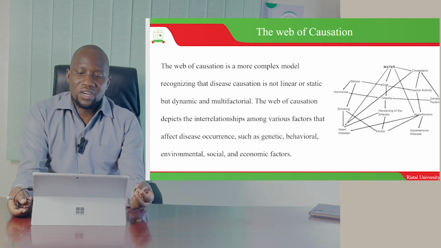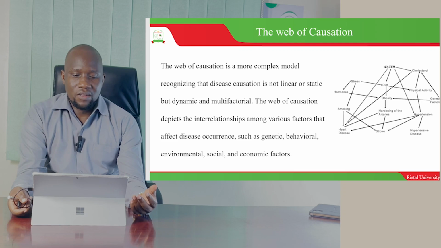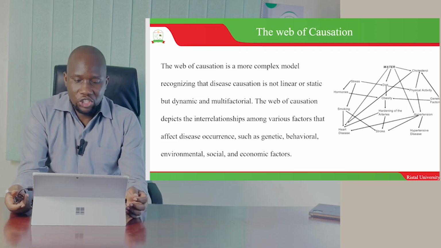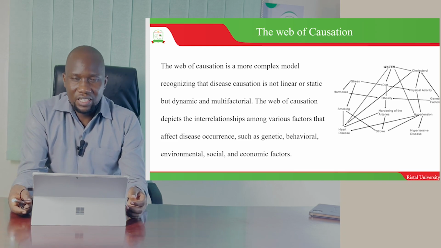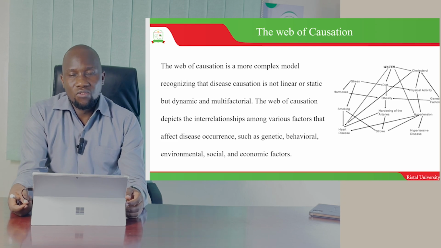We have many factors that interplay in different ways. Okay, so that is what we call the web of causation. It is the recognition that we have different factors that interact to cause a particular disease. And this brings us to the concept that we earlier talked about, the concept of multifactorial aspect of diseases.